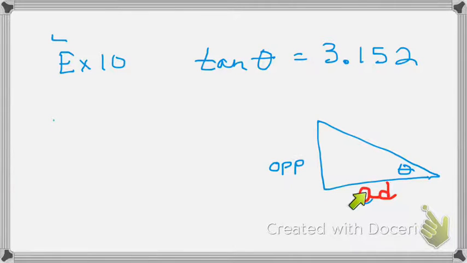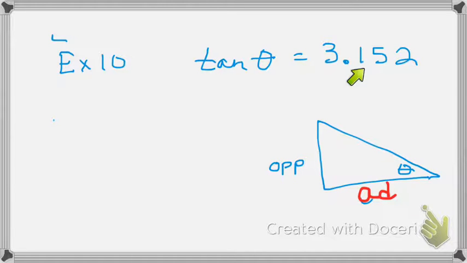So this is the opposite, this is the adjacent. And so what this is saying up here is whatever the opposite and the adjacent are, when you divide them, you get 3.152. And they're asking you, what angle measure will give you an opposite over the adjacent of 3.152?